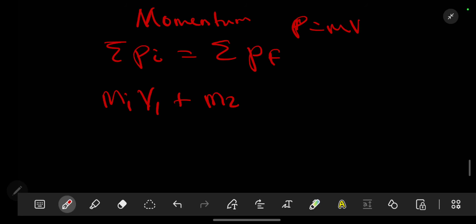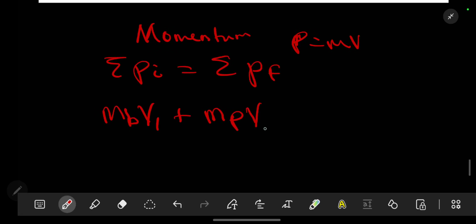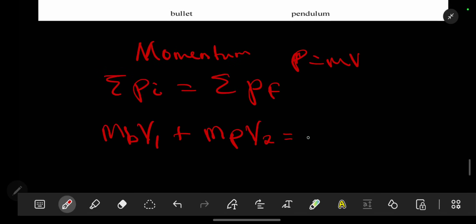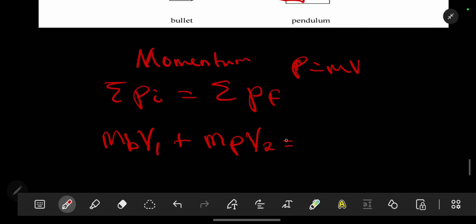Let me call it the mass of the bullet MB, plus the mass of the pendulum MP, like that. Then we have the velocity number 2. Should be equal to, we add again, the summation of the momentum, the mass of the bullet times the velocity of the bullet.